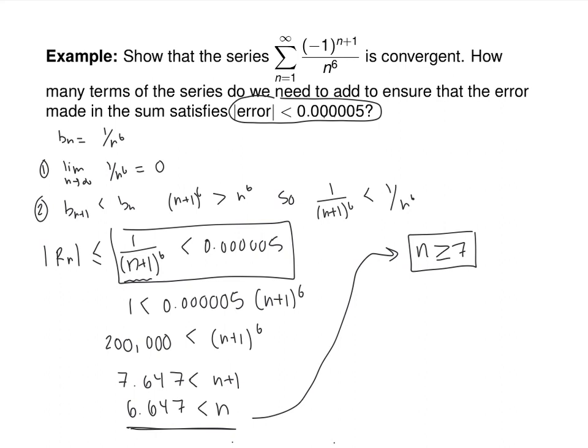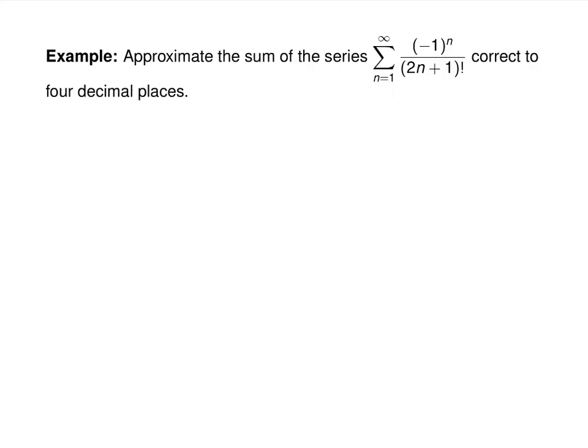All right, so with this particular example, we could actually solve explicitly for what n is equal to. In this example, we're trying to approximate this sum correct to 4 decimal places. We're not going to be able to find out what it's exactly equal to. So first of all, 4 decimal places of accuracy means you want your remainder to be less than 0.00005.